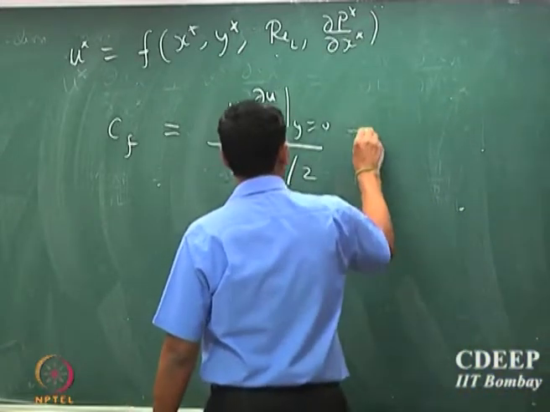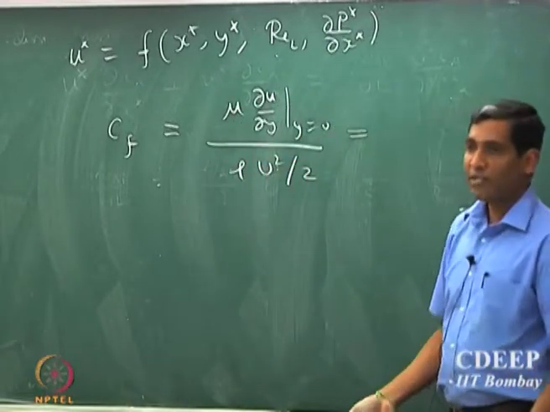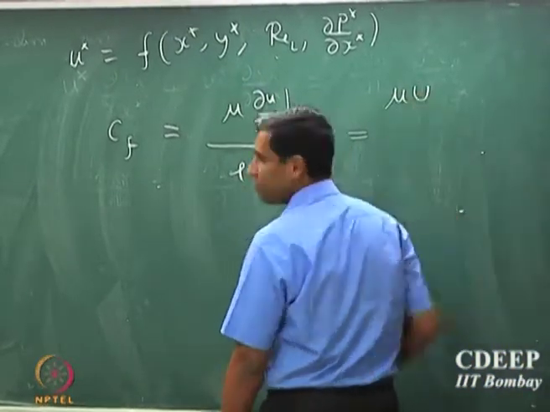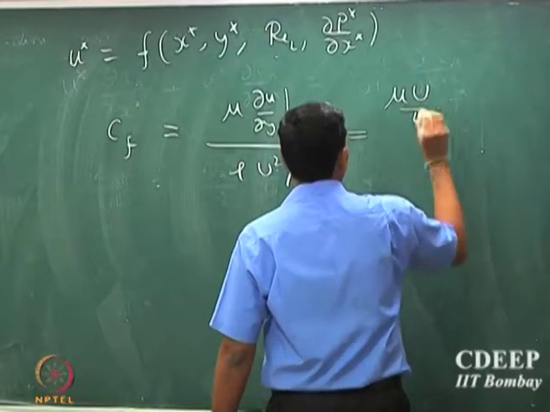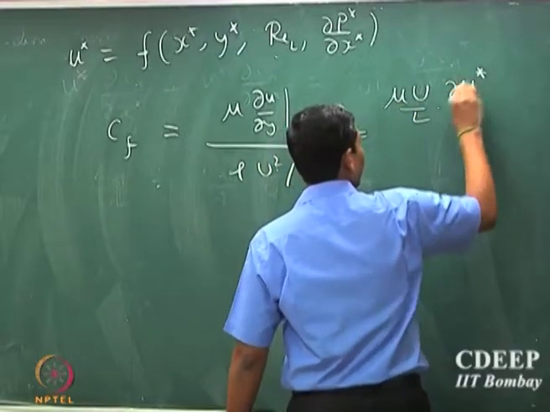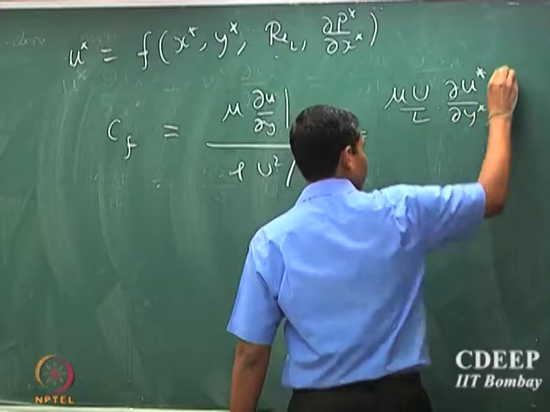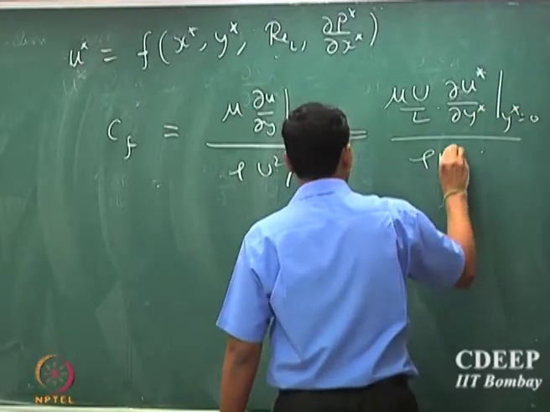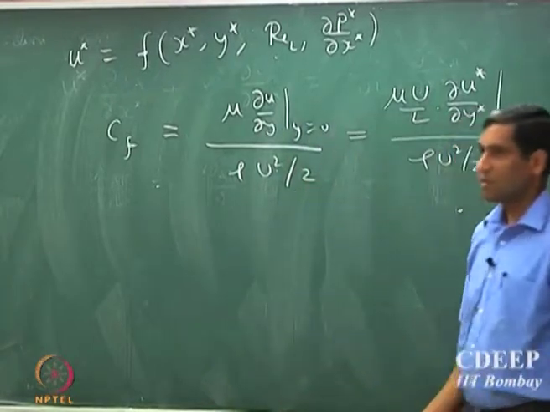So now if I convert this into dimensionless quantities, that's mu, the scaling for u is capital U divided by L into dou u star by dou y star evaluated at y star equal to 0 divided by rho U square by 2, right.